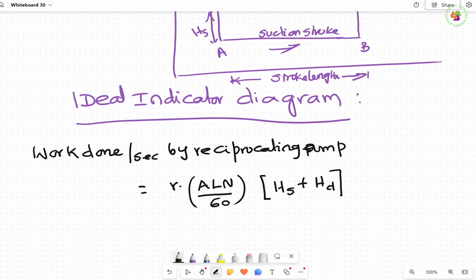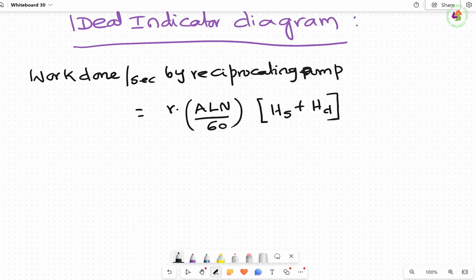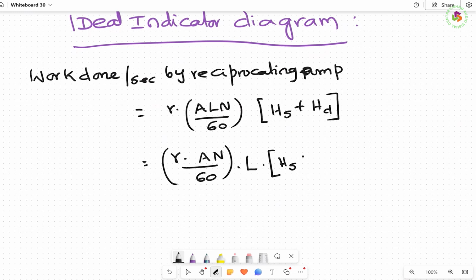This is what we have studied and derived. I make it in such a way that it is equal to gamma into A into N by 60 as one, and L into HS plus HD. This is the work done.